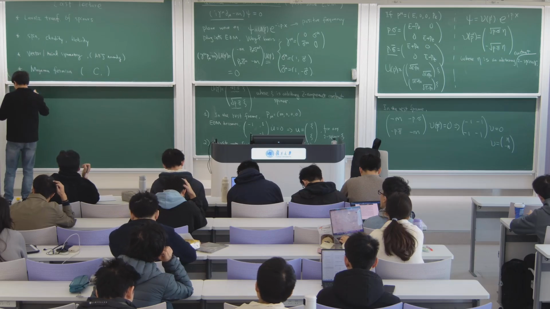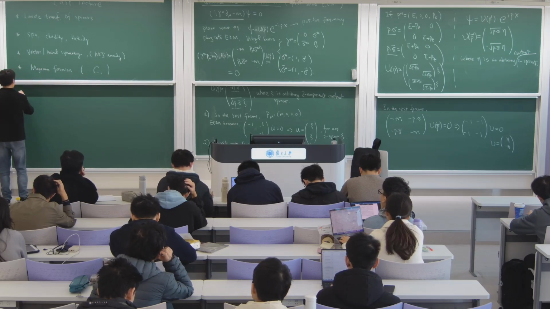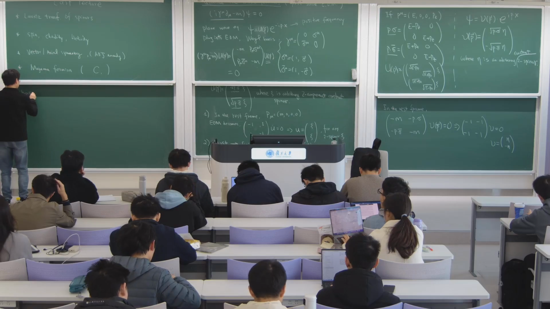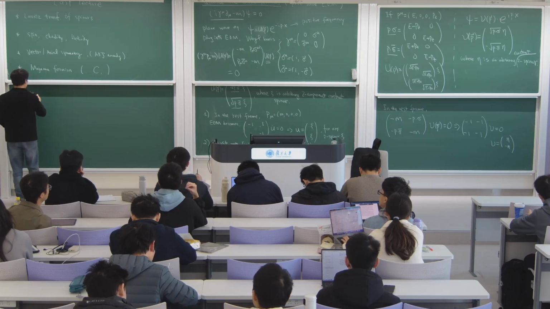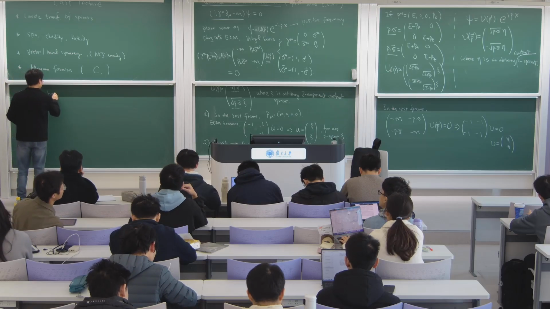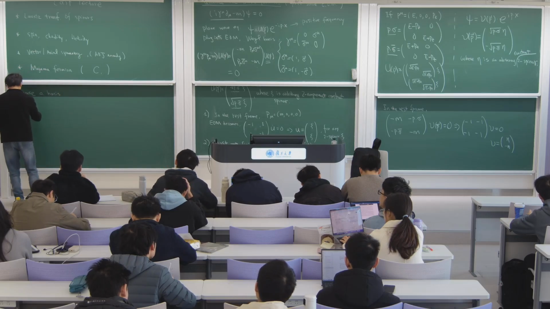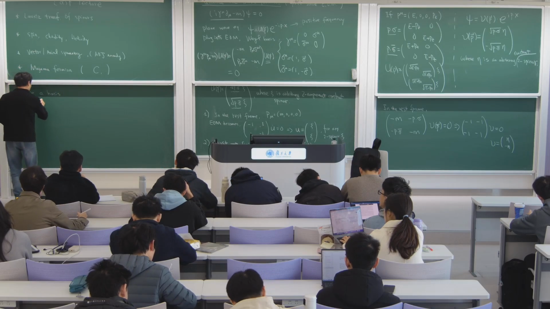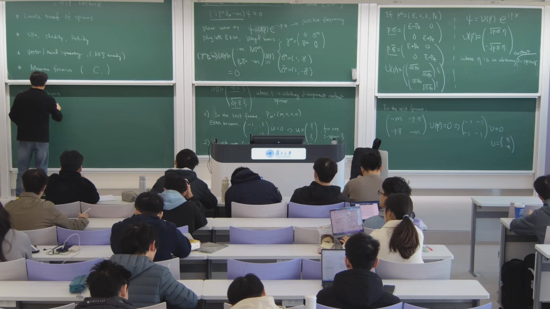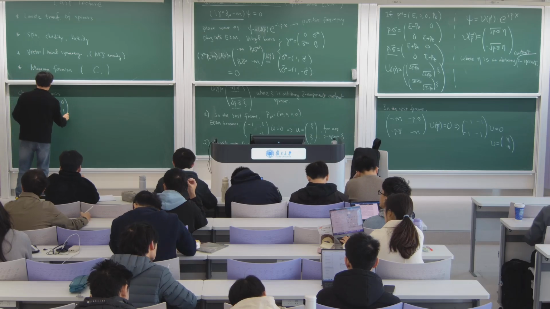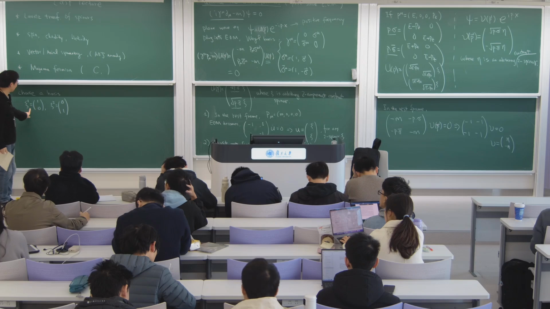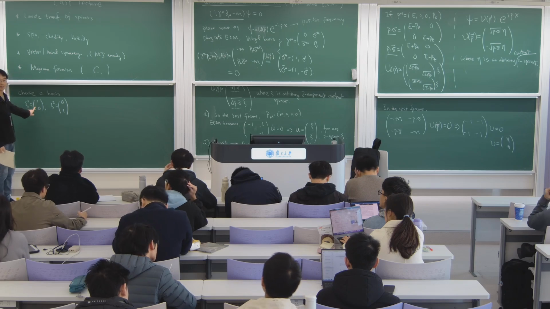To understand this, one can try to choose the basis. Let's say for C, one can choose C1 equals 1, 0, and C2 equals 0, 1, because C is an arbitrary two-component constant spinor.